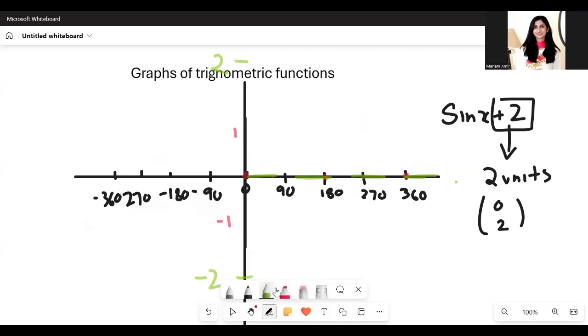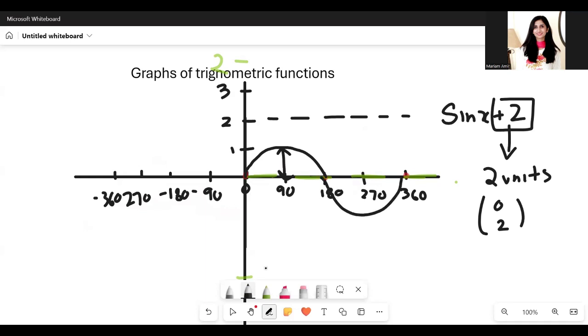So let me just change the scale slightly so that it can fit in the given grid. So let's say this is 1 and this is 2. So the central line would be here. Now the graph would be drawn above this central line and below the central line. And the highest value of the graph would be 3 because originally sine is 1 unit above the central line and 1 unit below the central line.